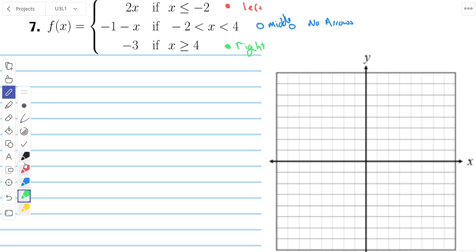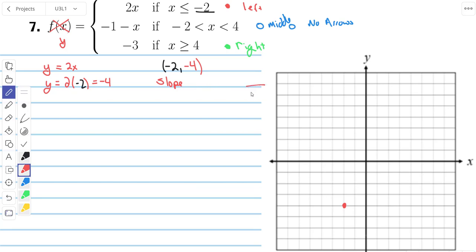And so, starting off with the top one, again, I think about this as y equals. So y equals 2x, and the value I want to test this one at is at -2, so that's my x value. So y equals 2 times -2, which is -4. So at -2, -4, I have a closed dot, and I'm going back to the left, so I need to have my slope from there.